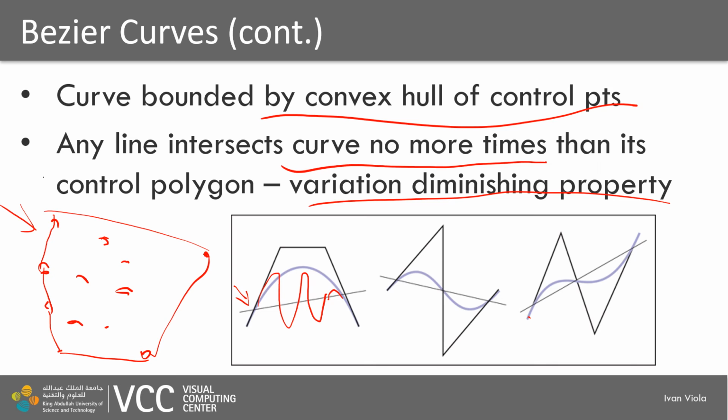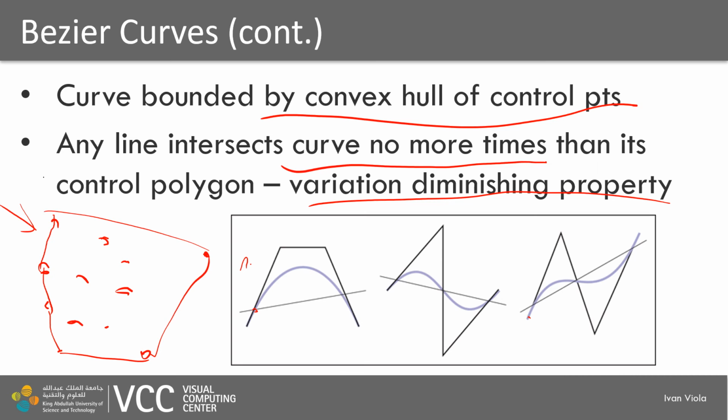It is smooth and behaves equally to the control polygon in the sense of its swings or turns.